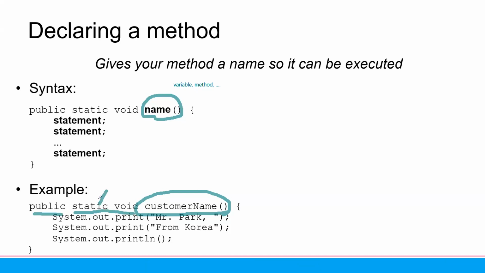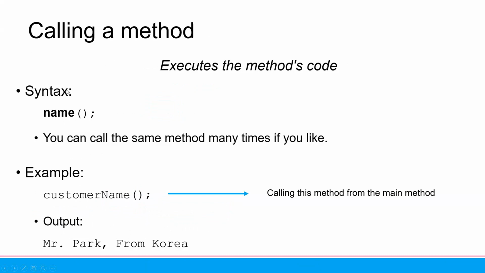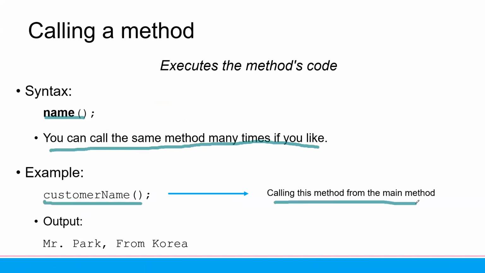Static is a static method. Void is just a method without a return value. And when I have a name, you can call the same method many times if you like. So if I have customerName, then I will call this method from the main method.